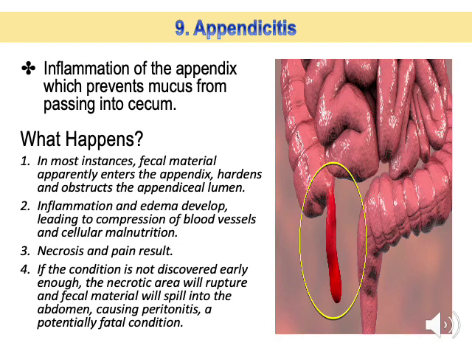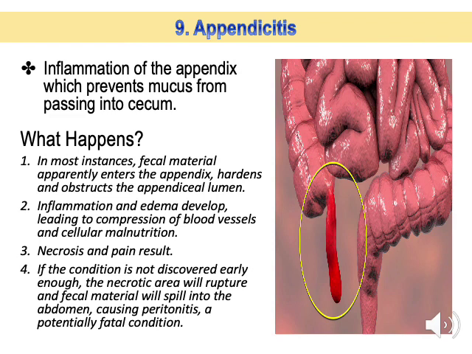What happens? In most instances, aside from infections, fecal material apparently enters the appendix. This hardens and obstructs the appendiceal lumen. Inflammation and edema will develop, and this leads to compression of blood vessels and even cellular malnutrition.